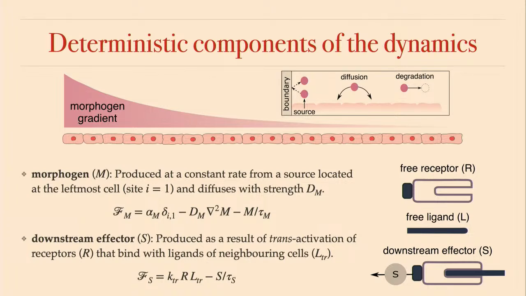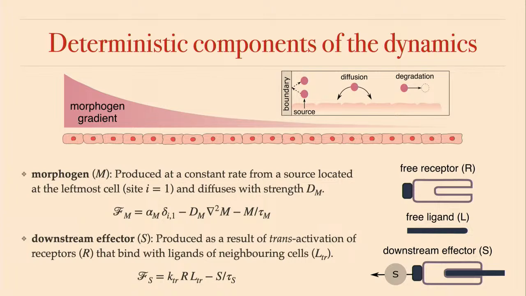This is just a schematic representation. You will have a noisy version of this. We write it down as this: f of m is the production, which is only produced at site 1, so that's a delta function. Then diffusion, and that's the degradation.